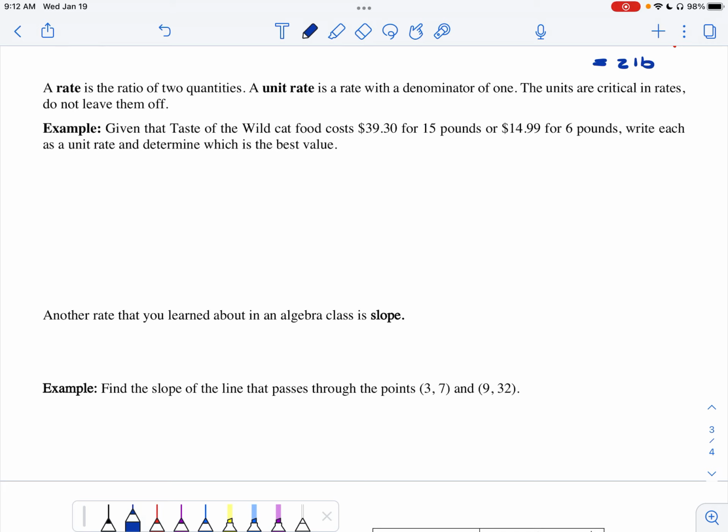Okay, so let's start with the $39.30 for 15 pounds. We want to write this as a unit rate. Basically, all that means is we want to divide. A rate is just a ratio of two quantities.